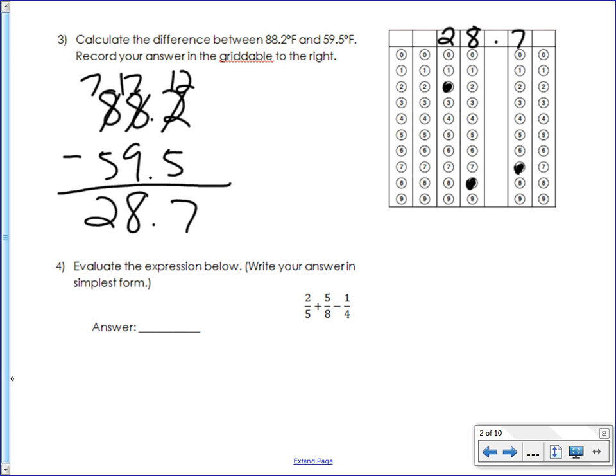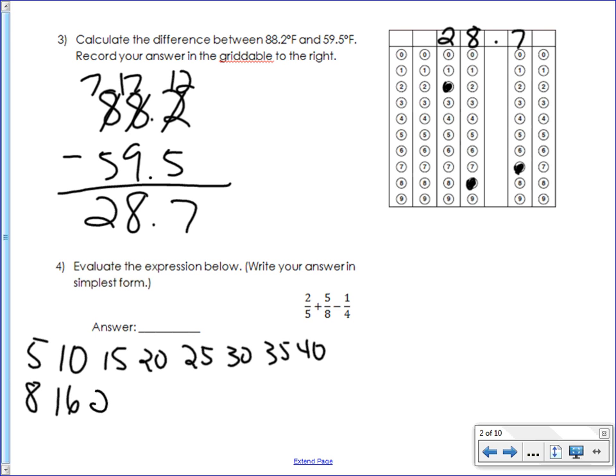This common denominator, I know some of you go out 5 if it doesn't work, but you're going to have to go out further, because between 5 and 8, the only one that works is 40. And then, of course, 4 goes into 40 because 4 times 10 is 40. So your LCD here is 40.